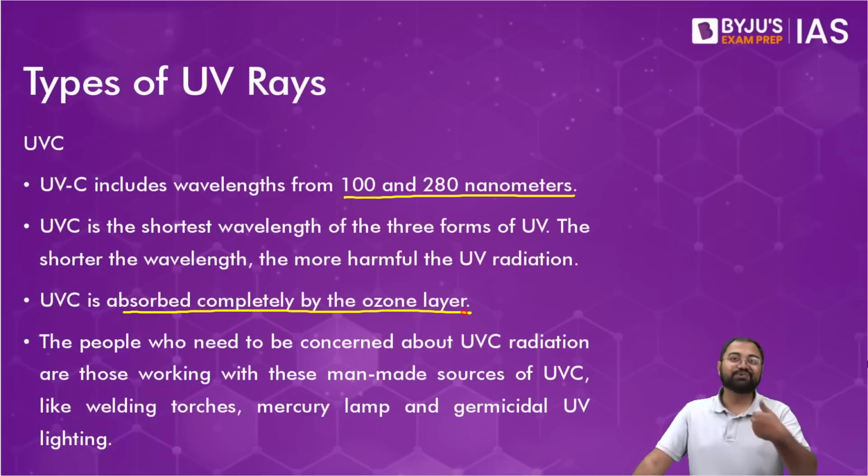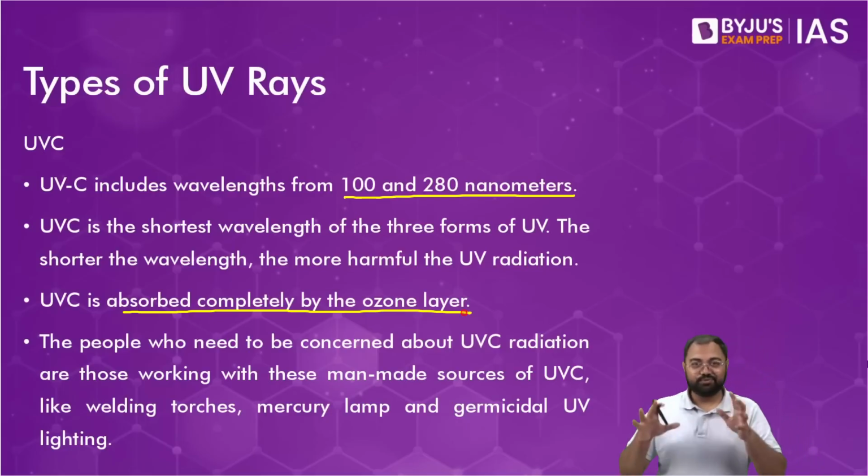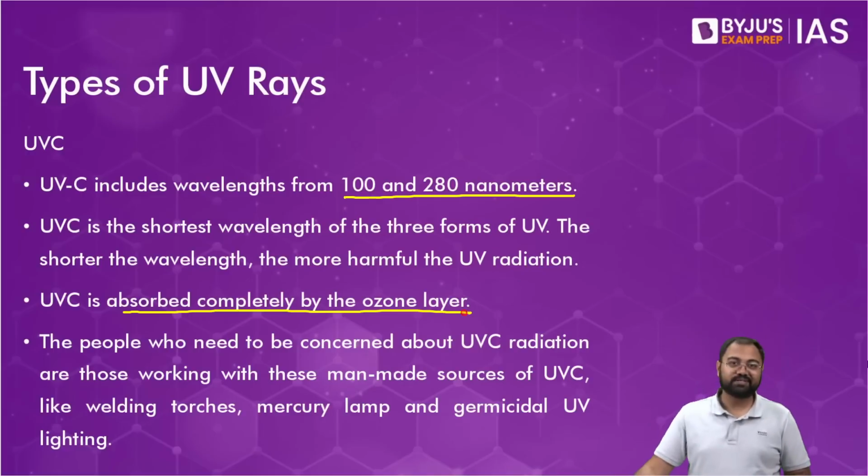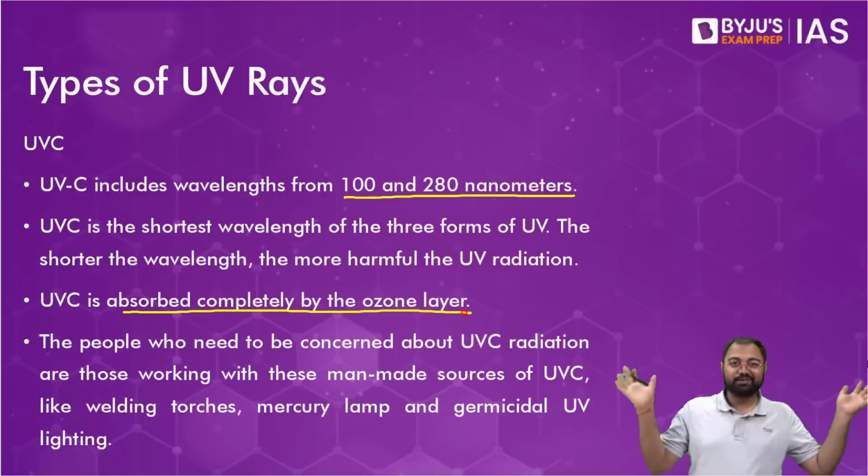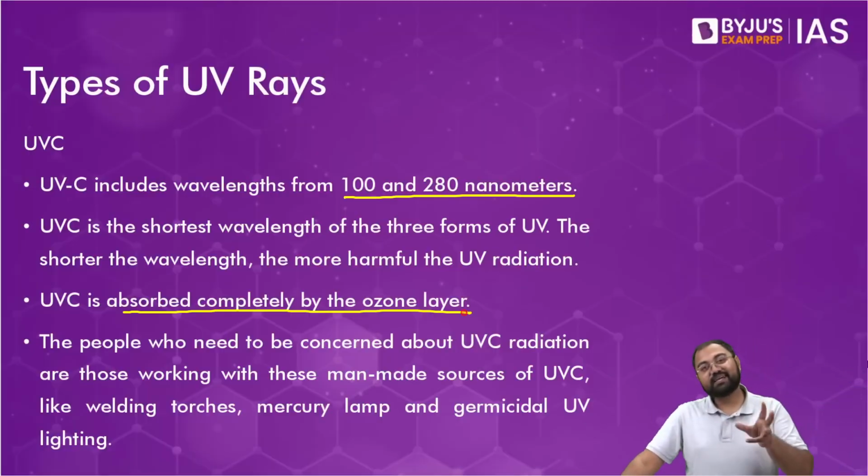For example, if you look at the advertisements of the water filters, or even if you go to a shop and ask them about water filters, they'll tell you that they have RO plus UV plus UF plus XYZ kind of technology. When they say RO plus UV, this UV is ultraviolet.